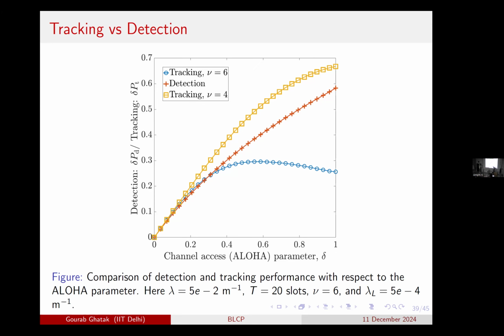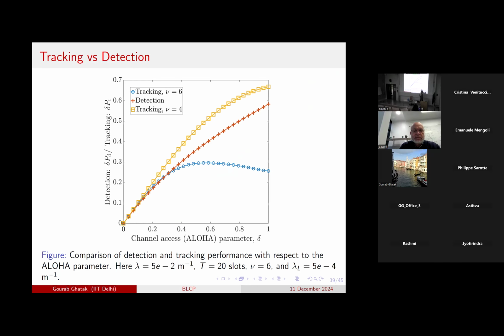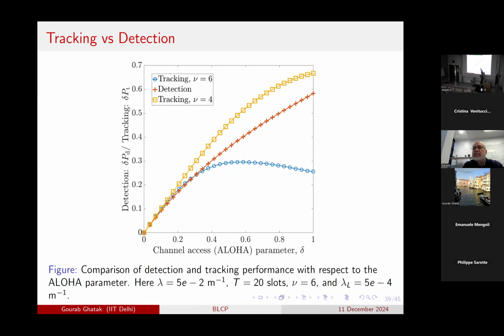So this might lead you to have larger values of aloha parameters for maximizing the tracking event. Tracking requirement, if you make it more stringent, then you have a possibility that you decrease if everybody accesses, right? So you have optimal delta for which you maximize the tracking event basically.